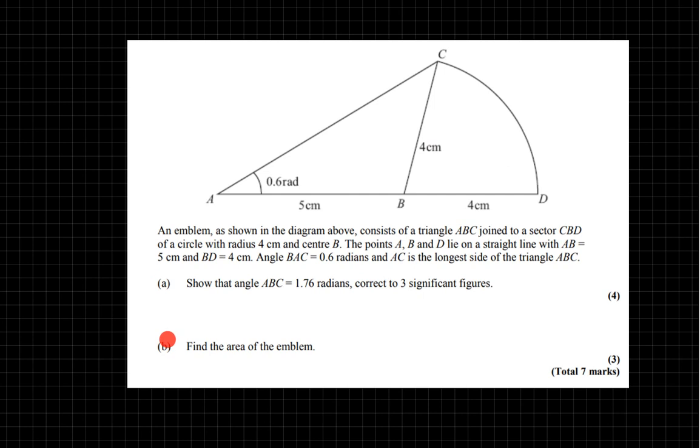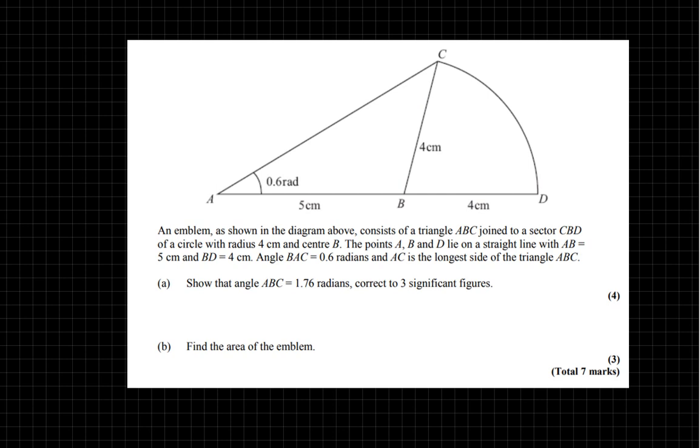For part B, you need to know what the area of this sector is. So this segment-looking thing, you need to know what that area is. Now, I don't think you know how to calculate that kind of thing yet. So I will just tell you what the area of that is.